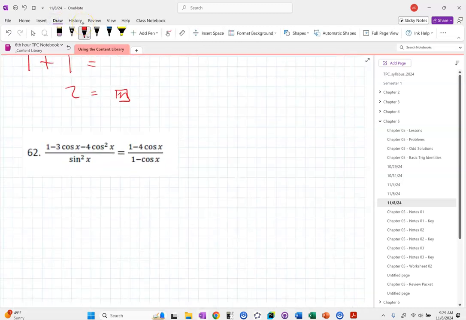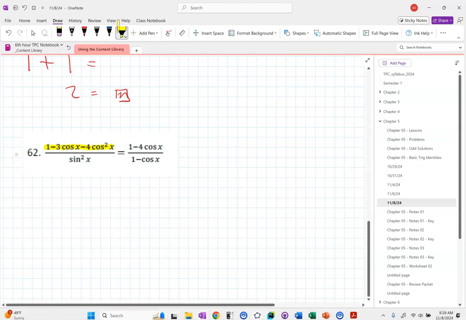So if we take a look at this thing, it certainly seems to me like the more complicated side is the left-hand side, correct? But again, if I look at the numerator on the left-hand side, I see squared things. If I look at the numerator on the right-hand side, it's to the first. What that tells me is that I'm going to have to do factoring if I use the left-hand side.